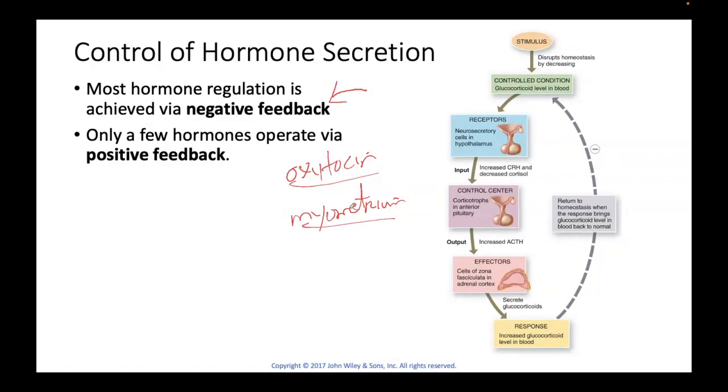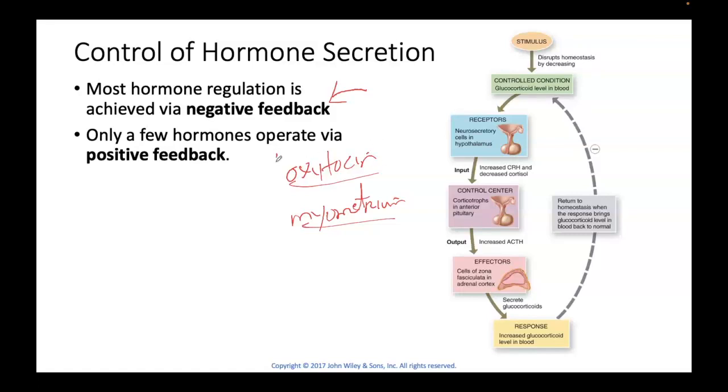And when there's more contraction of that smooth muscle of the uterus, the woman experiences more pain, more discomfort. Now, you'd think if you're experiencing pain, some mechanism should kick in to decrease the pain, but that would be a negative feedback loop.